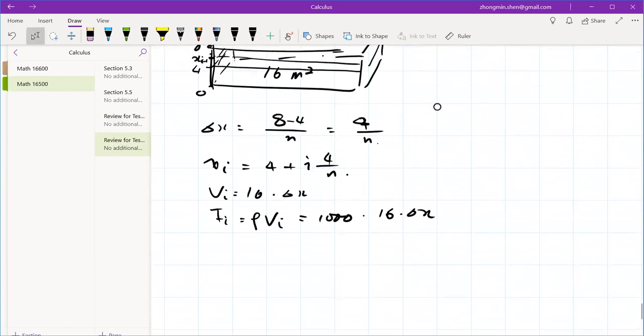Right. Now that piece is lifted to the top of the tank. The work done for that piece is Fi times, I think, 8 minus xi.